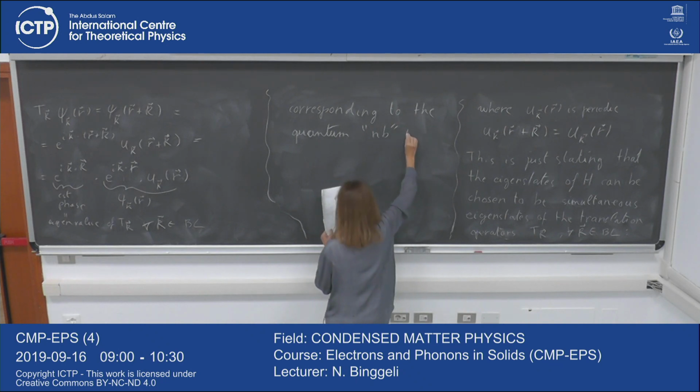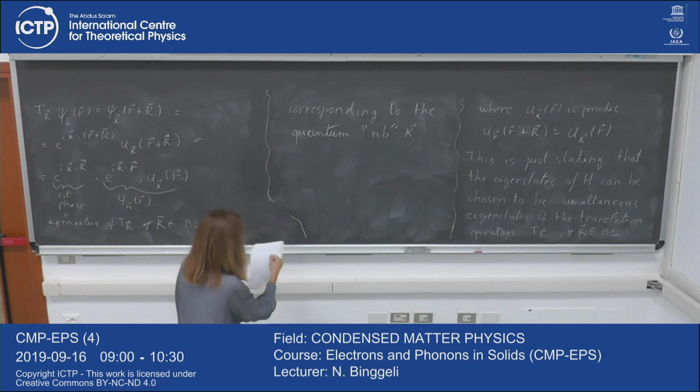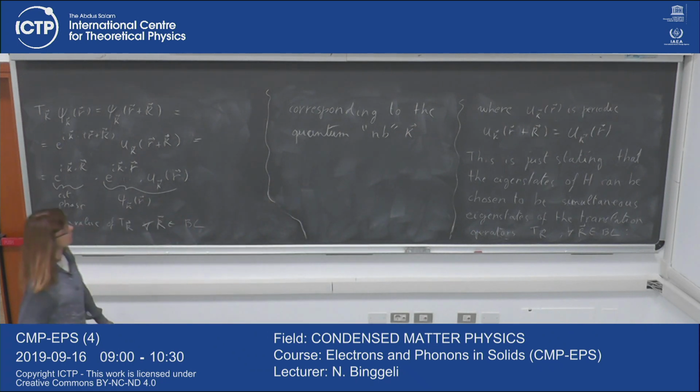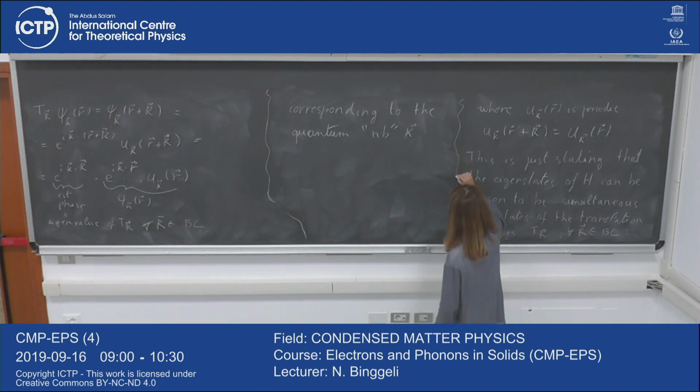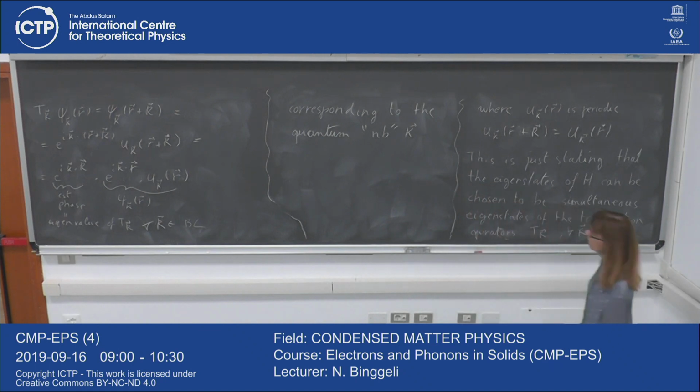That's why I labeled my Bloch state with this k, the momentum, because it's a quantum number that is related to the eigenstate of the translation operation for the Bravais lattice.